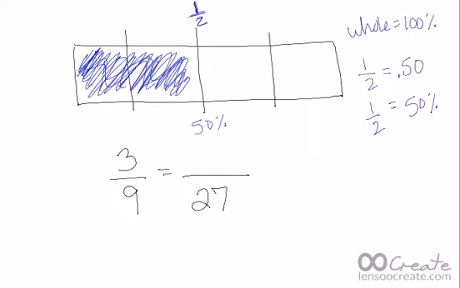Okay? Also, if, for example, I'm only representing 1/4 of a dollar, it's like a quarter, because 4 quarters make a dollar. So 1/4 is the same as 25 cents, which is the same thing as 25%.